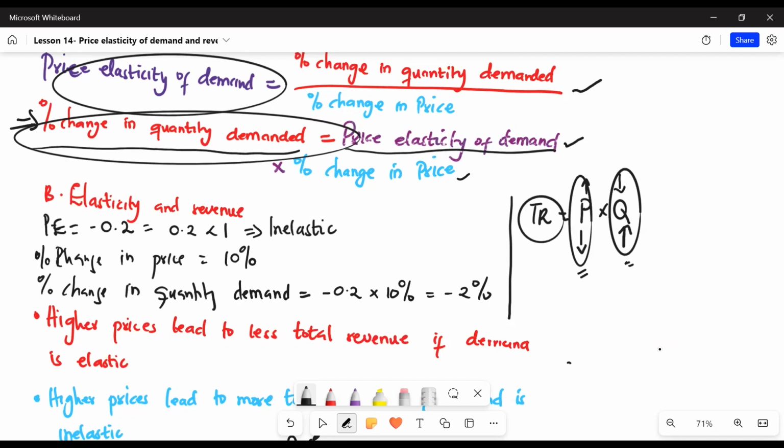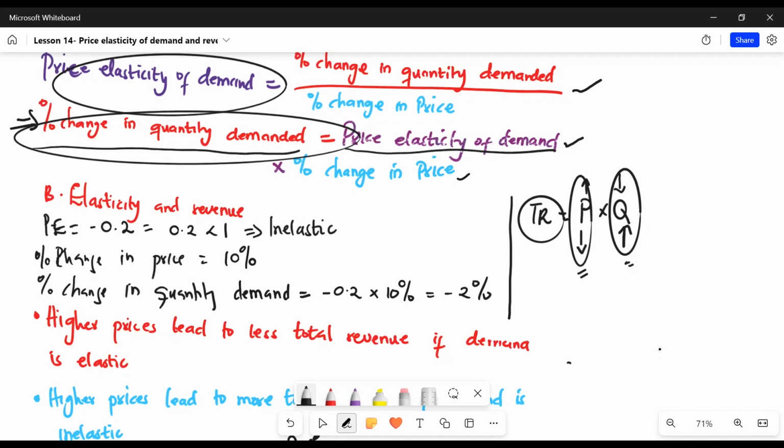So since a change in price leads to a change in quantity demanded in the opposite direction, the impact on total revenue would depend on the relative magnitude of the two changes. The price elasticity of demand tells you whether the percentage change in price is larger than the percentage change in quantity demanded. When demand is inelastic, the percentage change in quantity is smaller than the percentage change in price.